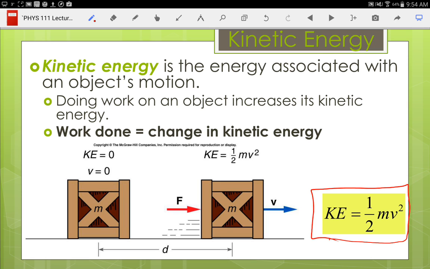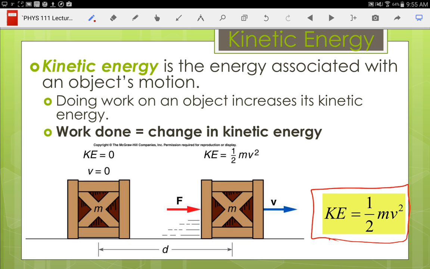If we're running the same speed, how do our kinetic energies compare? She has less. Why? Because she has less mass, I have more mass. If our speeds are the same, that speed squared is the same, then the one that has more mass is going to have more energy.